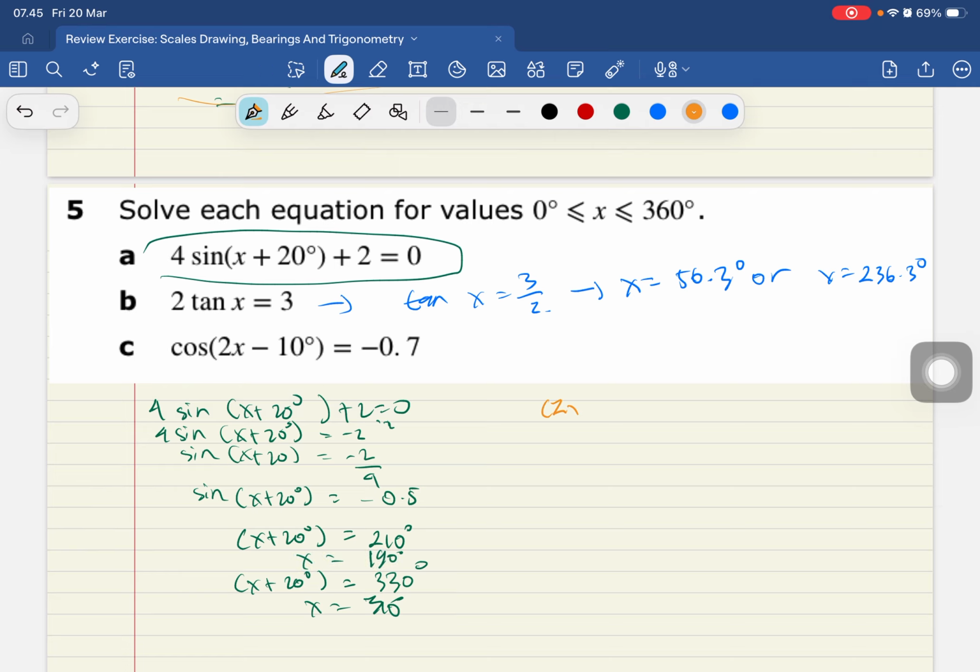Next is c. So it's gonna be cos(2x minus 10 degrees) equal to negative 0.7. This we need to use a calculator. Okay, the first 2x minus 10 degrees, here this is negative 0.7.